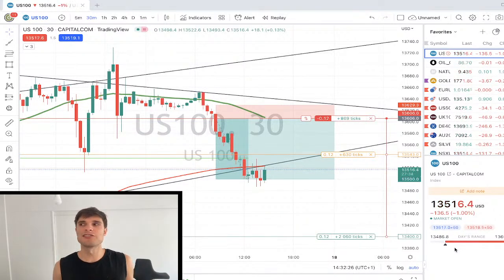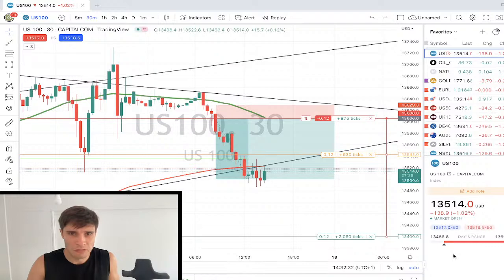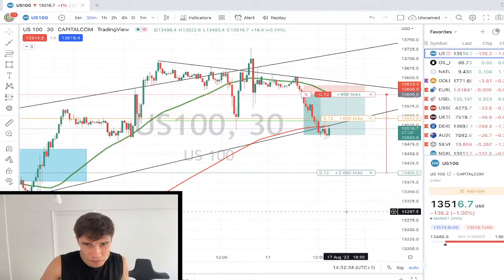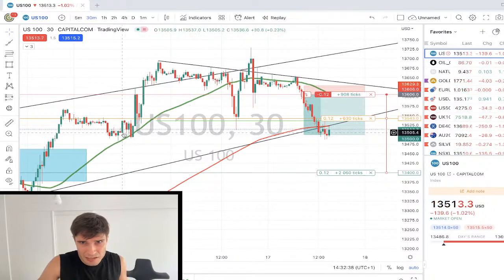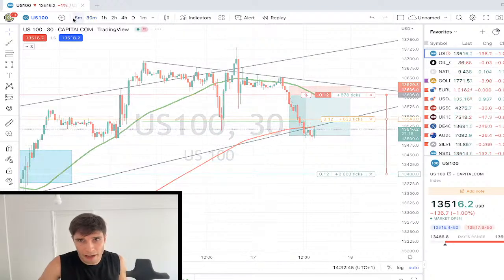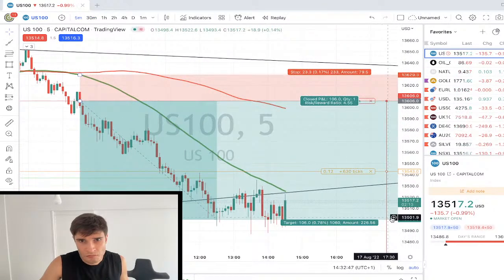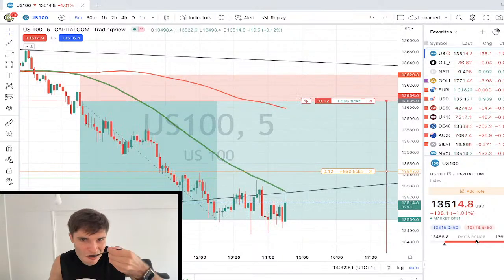I mean, you'll probably see people buying the dip here anyway. I just don't trust it. I don't trust it just yet. Now you can see support. If we jump to the 5-minute chart, yeah, it looks like it's gonna launch.